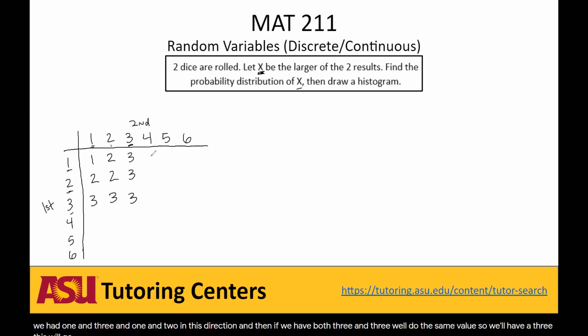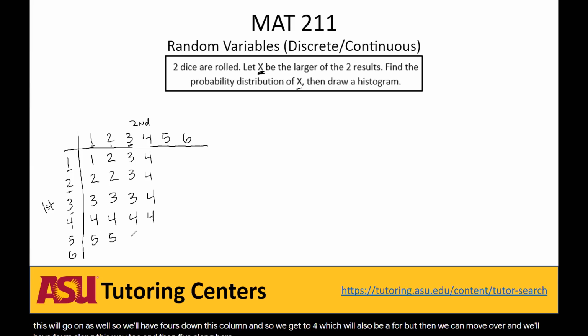This will go on as well. So we'll have 4s down this column until we get to 4, which will also be a 4, but then we can move over and we'll have 4s along this way too. And then 5s along here, and then 5 for both 5 and 5.